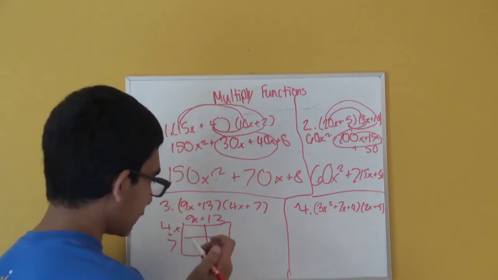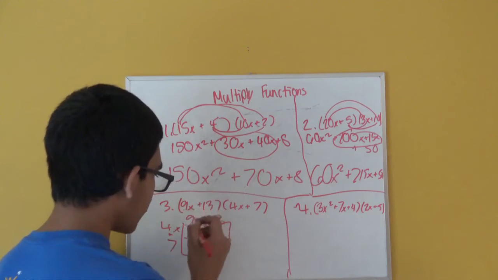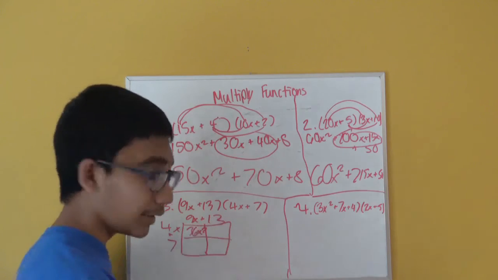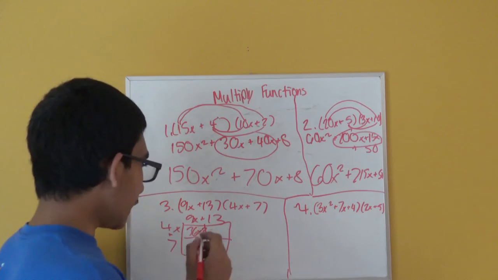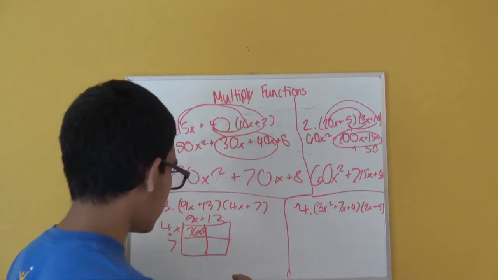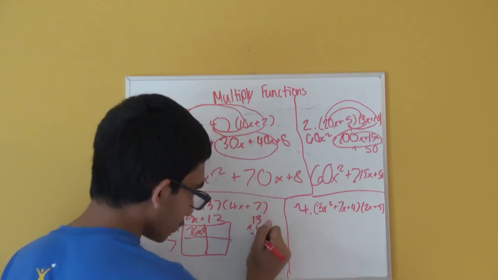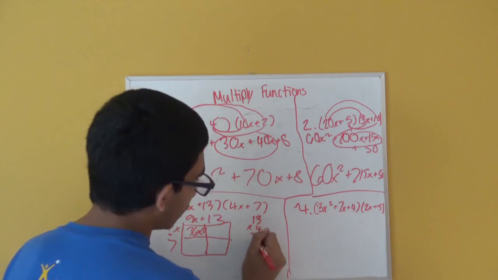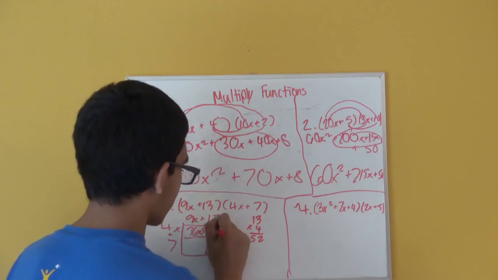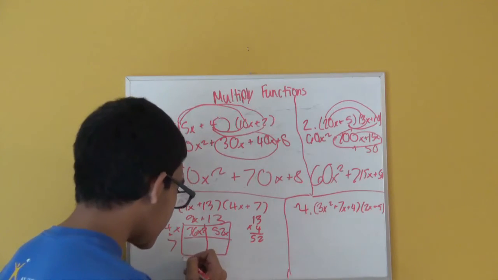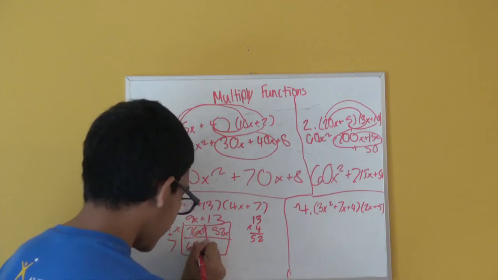So, let's see. 4x times 9x is 36x squared, right? 4x times 13. I don't completely know that off the top of my head, so I'm just going to write it down. Is 52x. 7 times 9x is 63x.